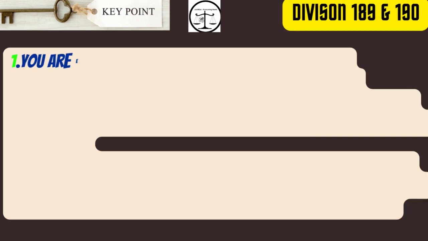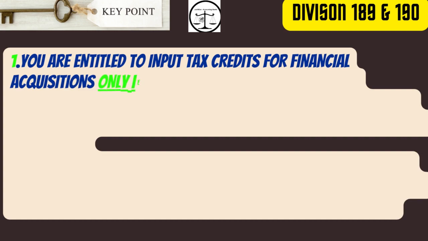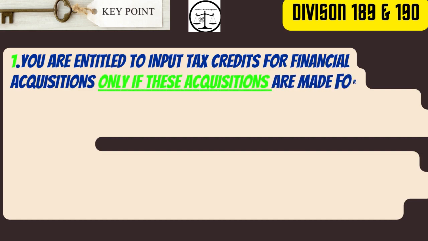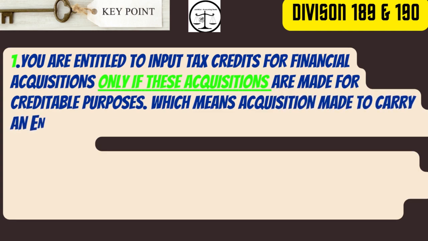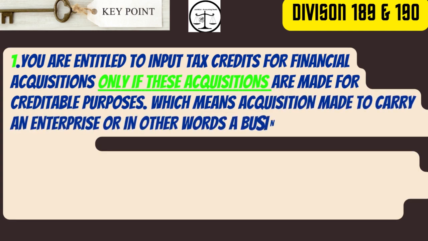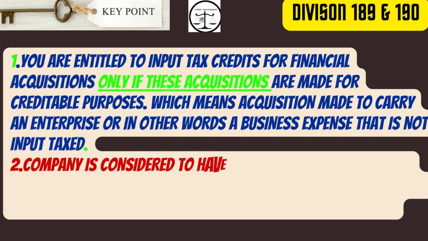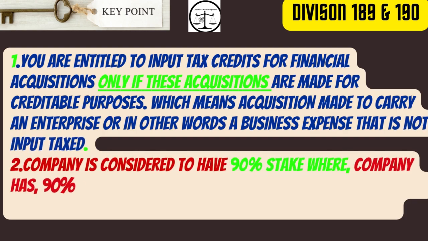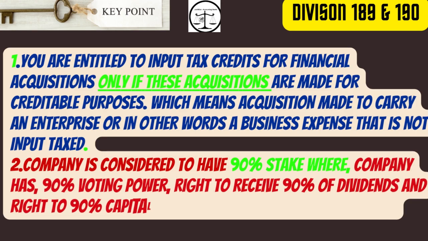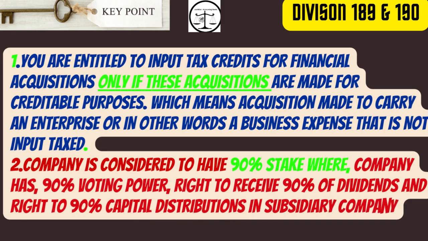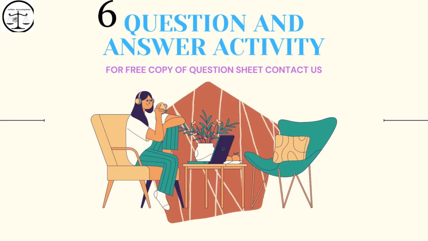You are entitled to input tax credits for financial acquisitions only if these acquisitions are made for creditable purposes, which means acquisition made to carry an enterprise or, in other words, a business expense that is not input taxed. 2. Company is considered to have 90% stake where company has 90% voting power, right to receive 90% of dividends and right to 90% capital distributions in subsidiary company.